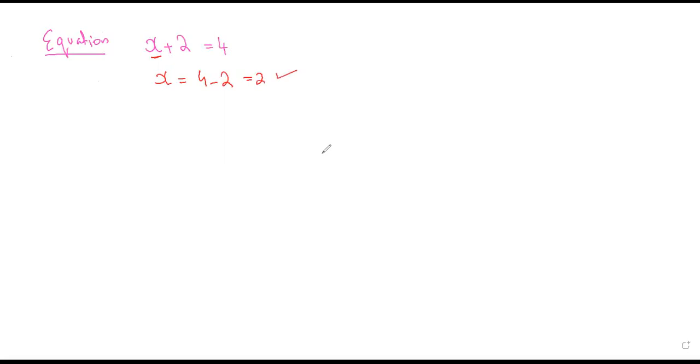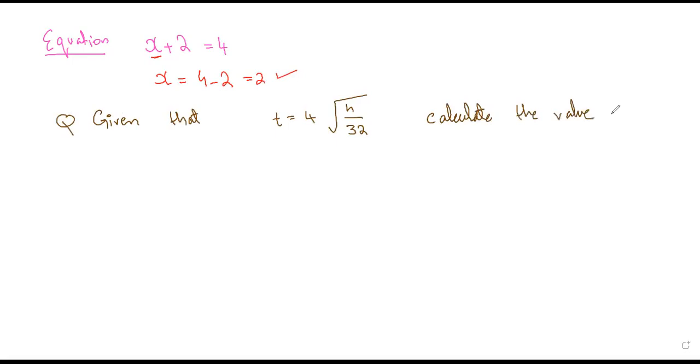Okay, this is simple. Let's say that your question is: given that t equals 4 under root h by 32, calculate the value of h when t is 12.